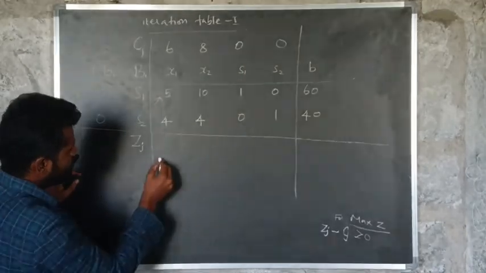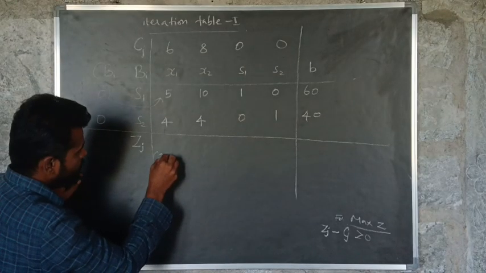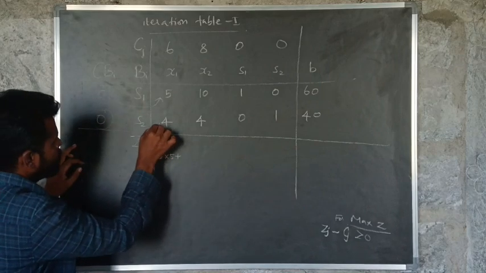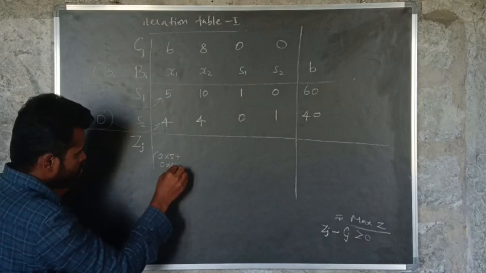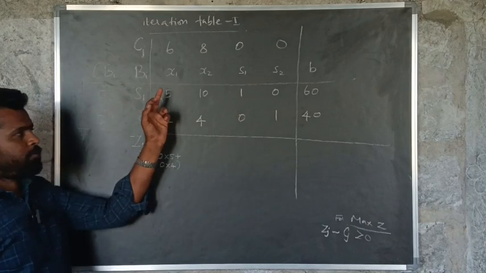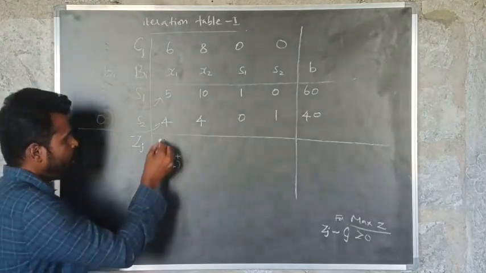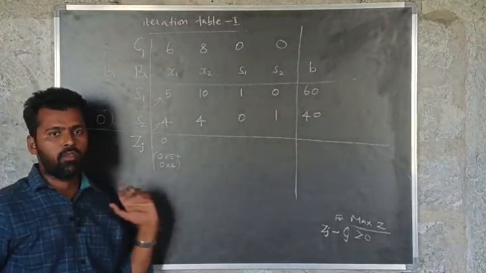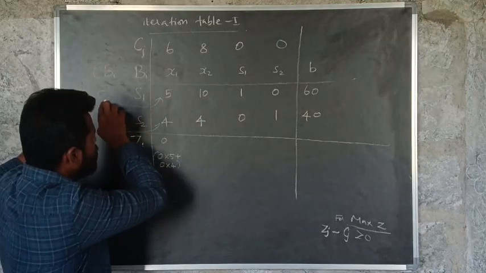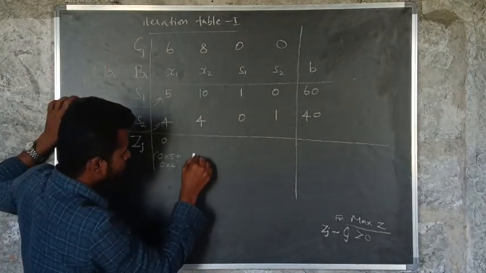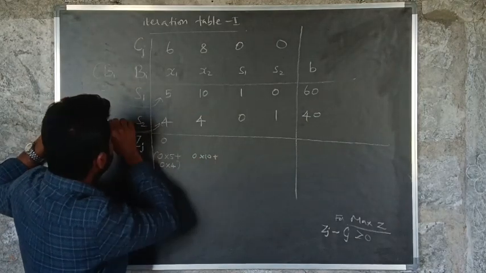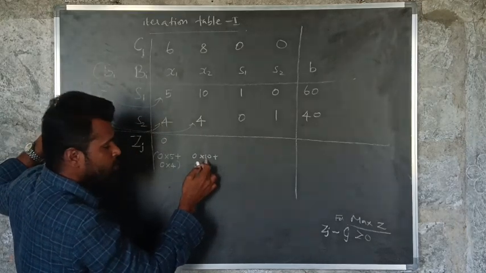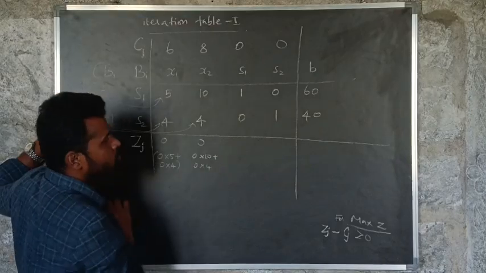So 0 into 5 plus 0 into 4, and when we add, we get 0. Anything we multiply with 0 is going to be 0.